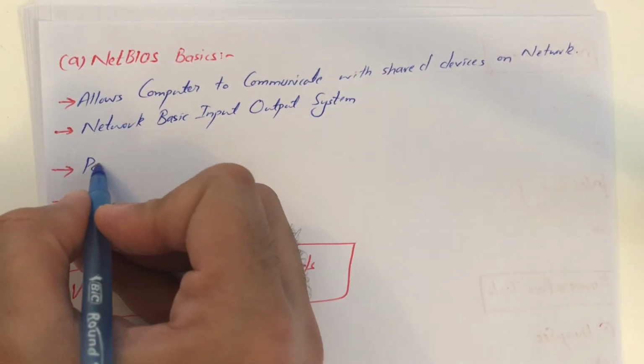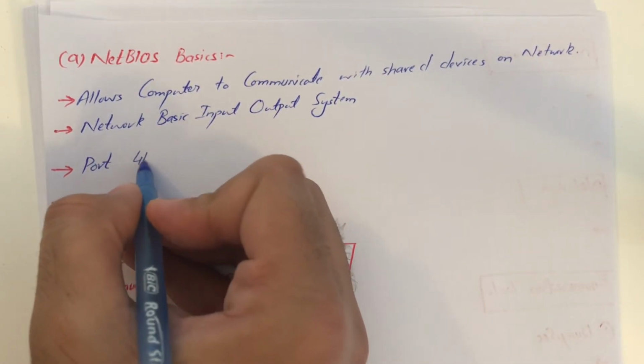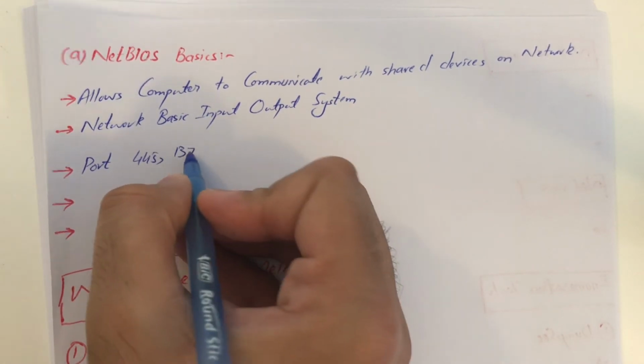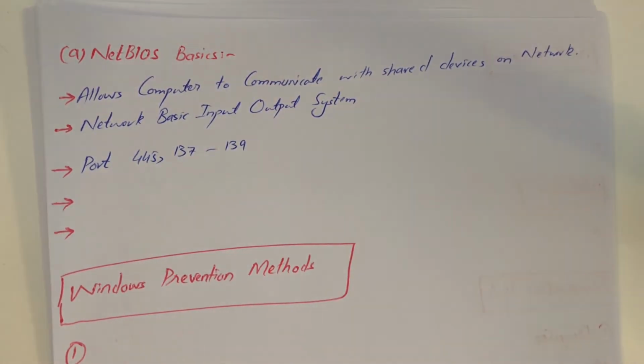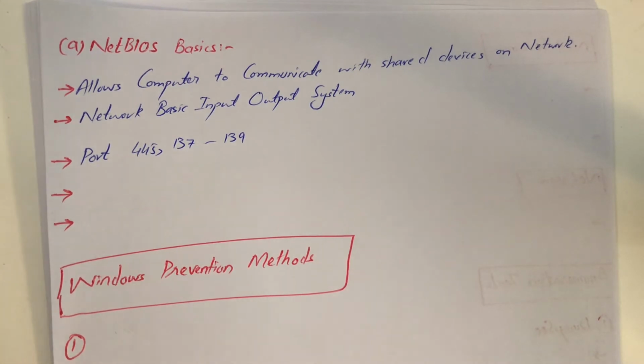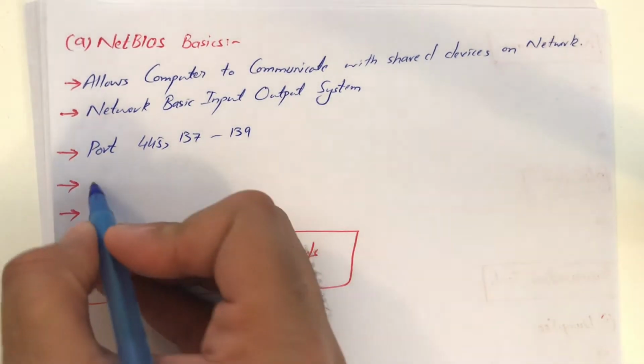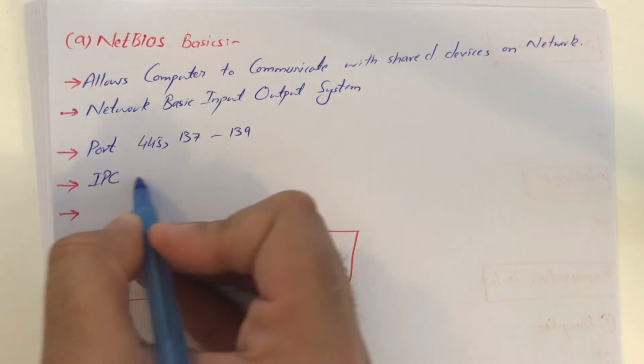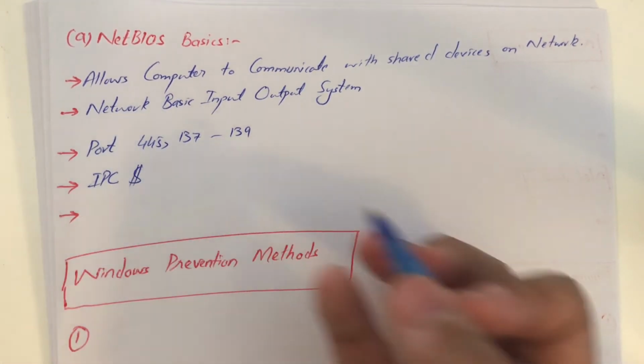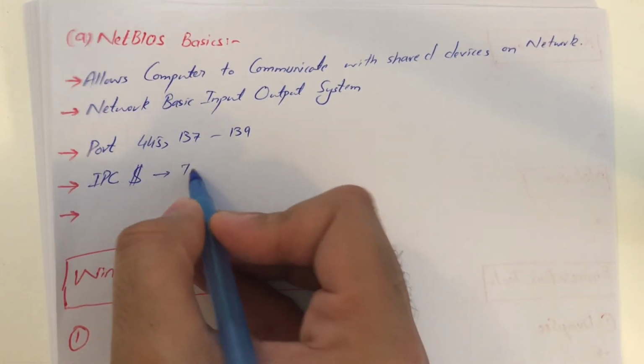Which particular ports do they actually use? Port 445, and 137 all the way to port 139. If these ports are open, of course, there is a chance to execute the enumeration attack using NetBIOS. And how do they bypass the firewall? They use a phenomenon called IPC$, inter-process communication, to bypass the firewall.